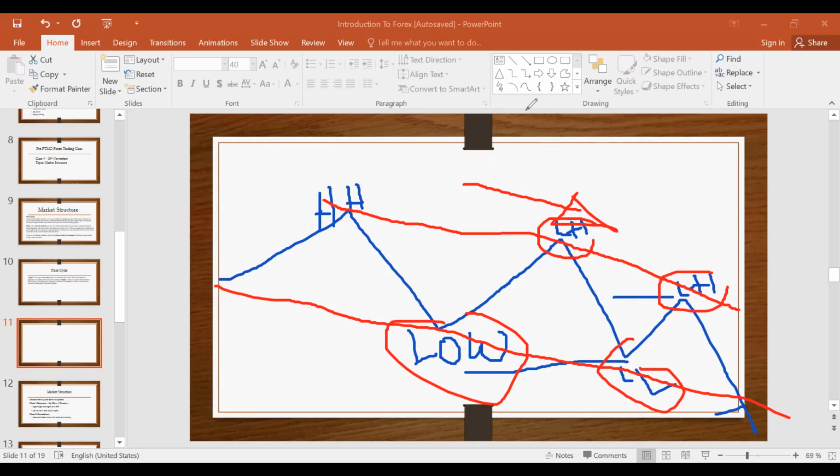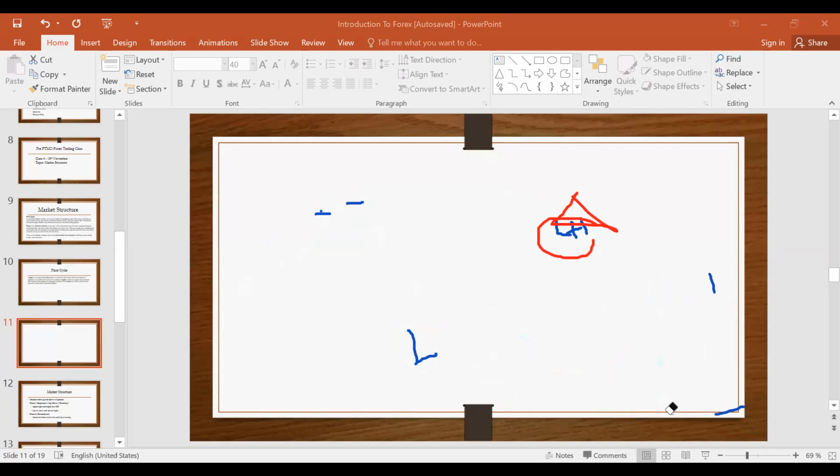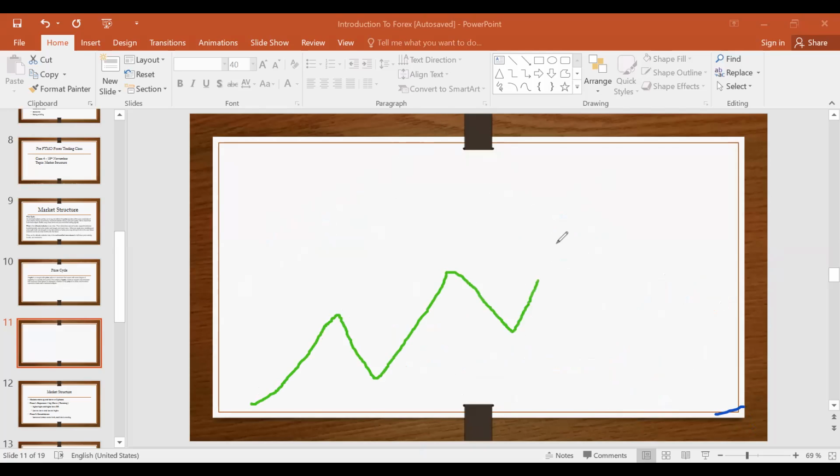So let's erase that. So this is a low. Now, if the market was going up, like that, and then there, and then up there, then there, up there, then there.